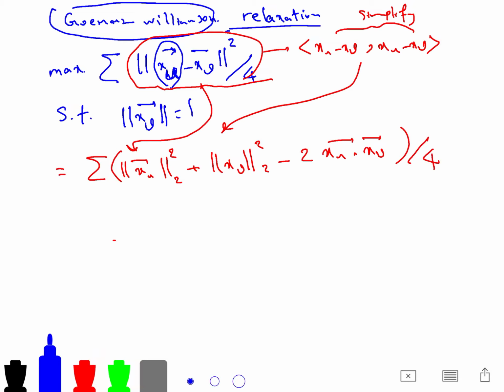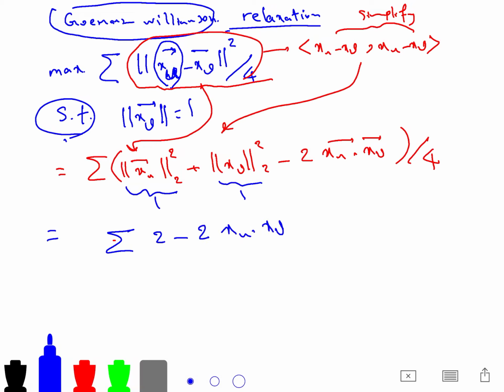Because it is subject to the constraint that the vectors are unit vectors, this is 1, this is 1, and this simplifies to 2 minus 2 times the dot product of x_u and x_v over 4, and this is m over 2 minus 1/2 times the sum of the dot products of x_u and x_v over all edges u, v.